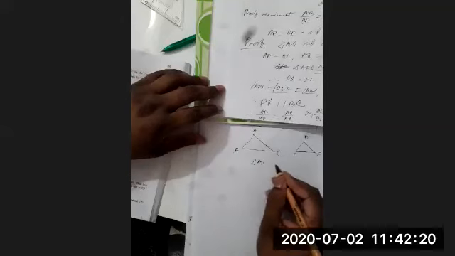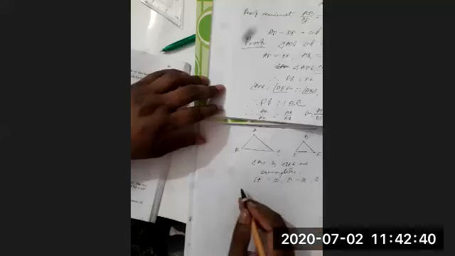Yes, you have to mention that triangle ABC and triangle DEF are equiangular. For this reason, we can say angle A equals angle D, angle B equals angle E, angle C equals angle F.